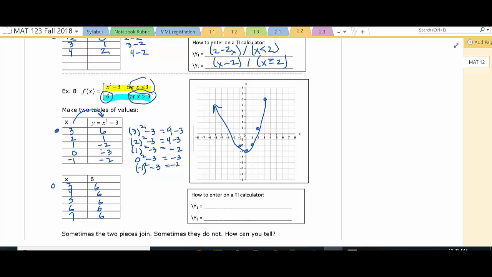When we go over 3 up 6, that connects with that, doesn't it? Since they connect, it's not an open bubble. You notice on this table and that table they're the same point, so they connect. Then the rest of it just graph, like you got 4, 6, 5, 6, so it goes like that. So that's what your piecewise function looks like.